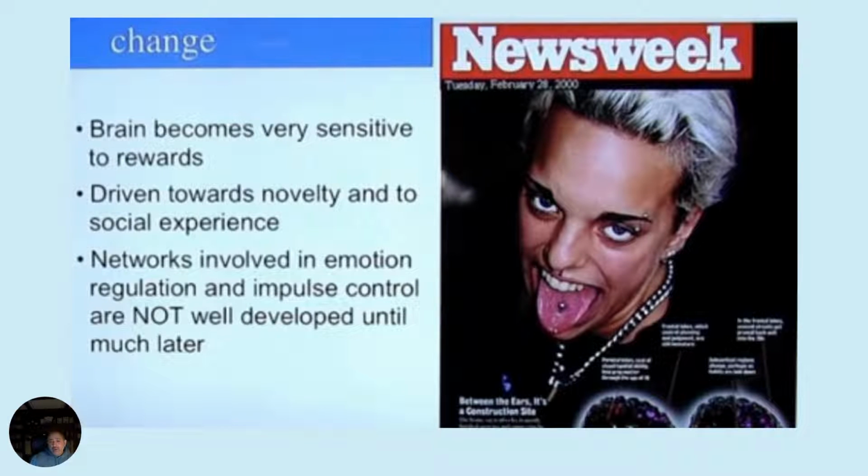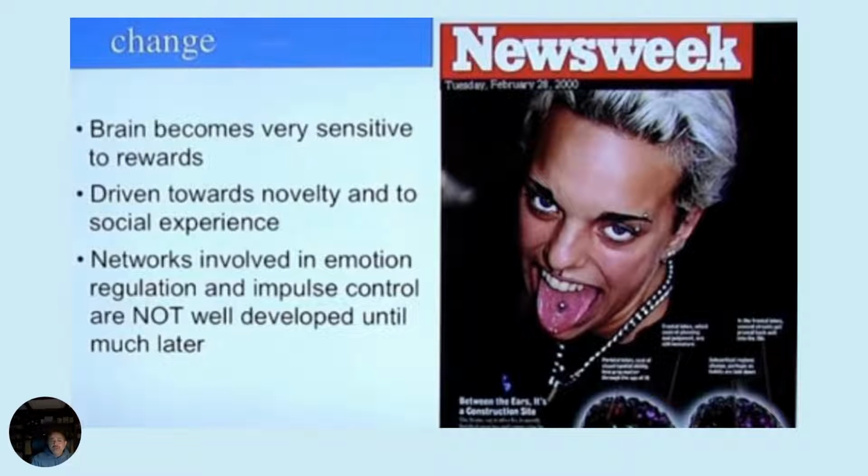So in the last few slides, we're going to look a little bit at teenagers and the changes. A lot gets changed when the teenage brain is studied. You're looking at brains becoming very sensitive to, for example, rewards. Teen brains are driven towards novelty and social experience.